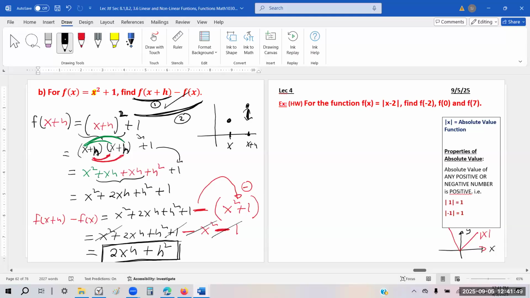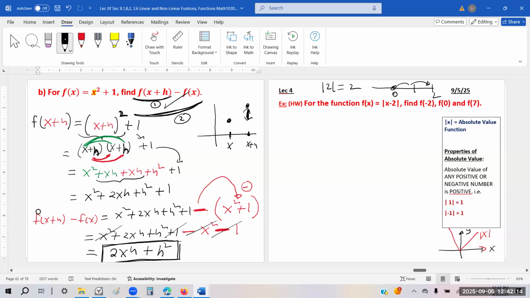And in real life, absolute value represents the distance from 0. So if they ask you what is absolute value of 2, it means from 0, how many units you are going to get to. What's the distance between 0 to 2? It's 2. So we get 2.